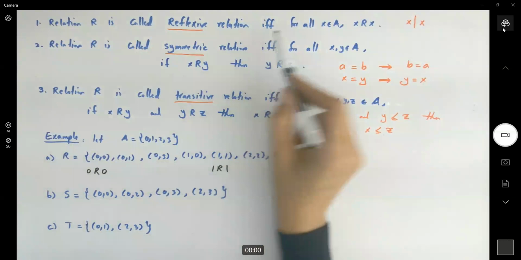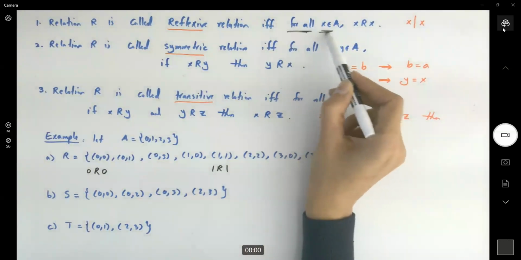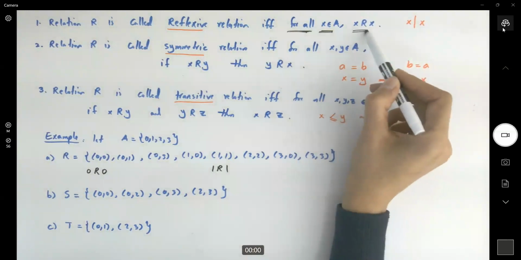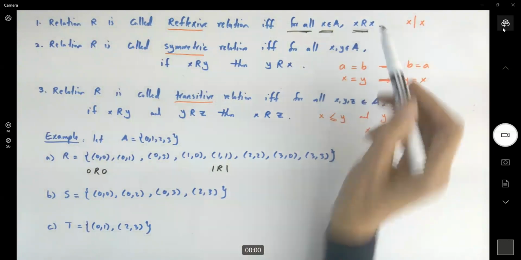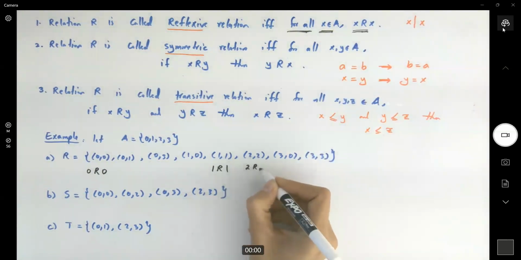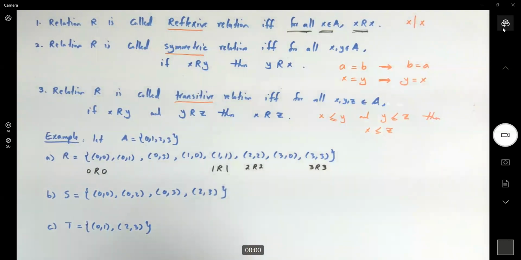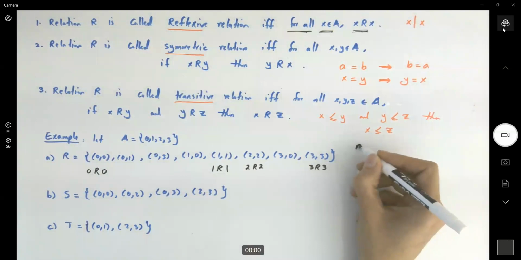Take a look at the definition. For every x in A, x must be related to itself. You must have a loop. 1 is in relation with itself, 2 is in relation with itself, 3 is in relation with itself. So R is reflexive.